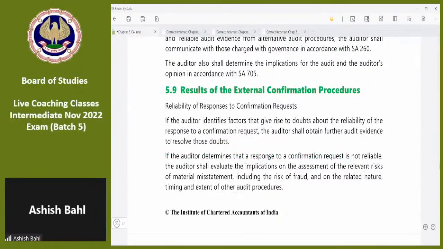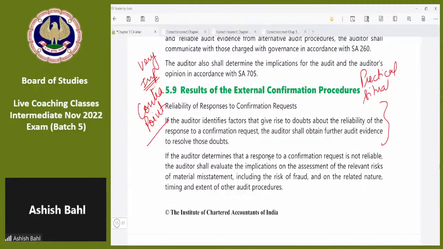Now, results of external confirmation procedures. Now, this is also, students, a contra point here. Very important. See, there might be some practical situation where the auditor doubts the external confirmation response, where he doubts the reliability of the external confirmation response.